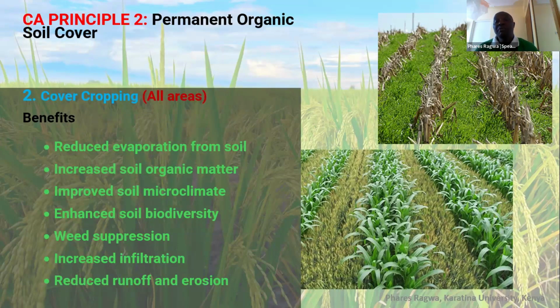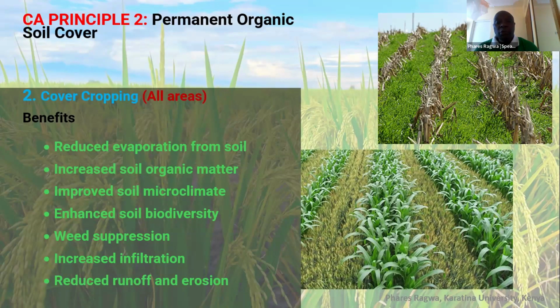But in between the rows of that, you have another secondary crop that helps to cover the surface. And the benefits of this, of course, from an economic perspective, is that if you have two crops, then you have two products, and that is good. But more importantly, the soil is covered.